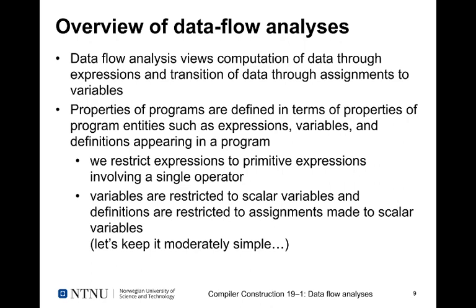We restrict our expressions to primitive expressions involving a single operator. We've already seen this in 3 address code. So we are splitting up our operations into simple operations, so we can operate on the intermediate representation we've already introduced. And we are restricting ourselves to simple scalar variables and definitions to assignments to scalar variables. Of course, real programming languages have more and more complex data types, but again, we want to keep things simple here, so we'll keep it to this.